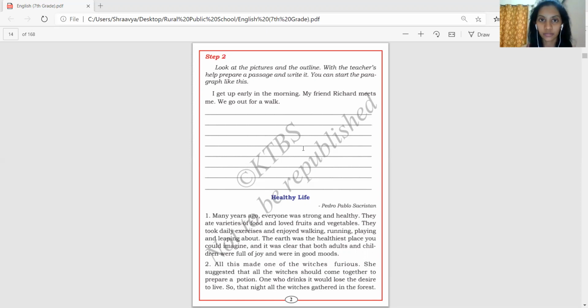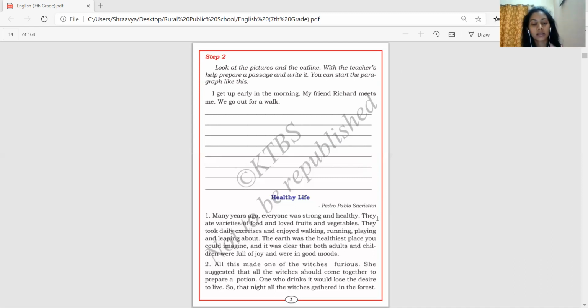Learn a new word every single day so that you understand and learn new words. Correct? So that's always a good habit. So let's start off with Unit 1, which is Healthy Life. All right.